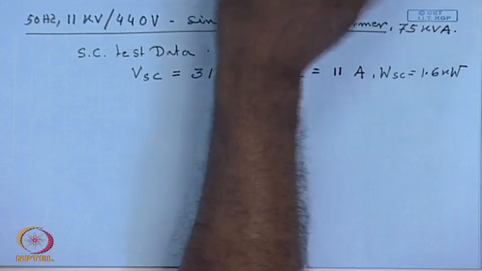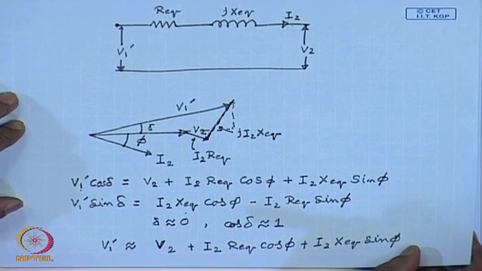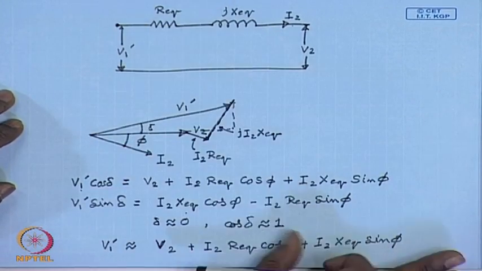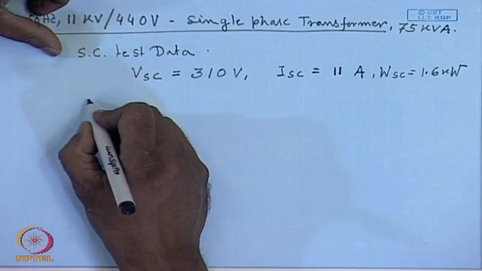In order to find out percentage regulation, we need the series equivalent resistance and the reactance. These are obtained as follows. First we find out ZSC.